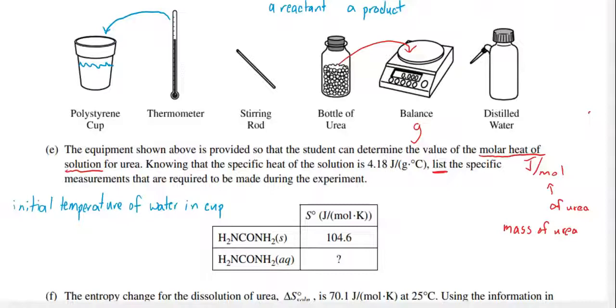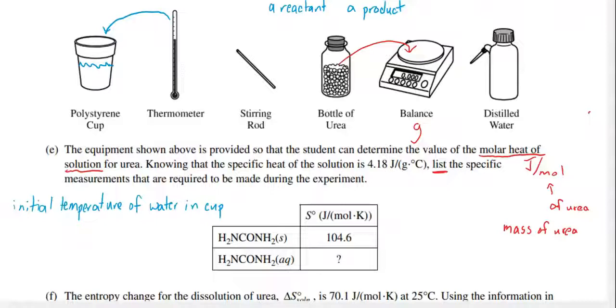And then we're going to add some of the urea to the water in the cup. What we would expect is that the temperature of the water would change, because that's really what we're measuring with heat of solution: how much heat is absorbed or released when something dissolves.